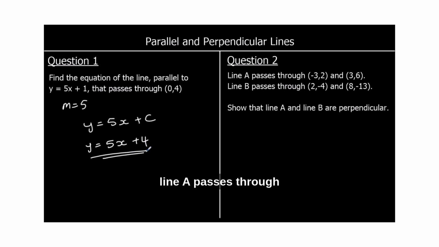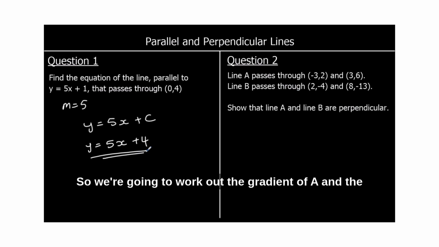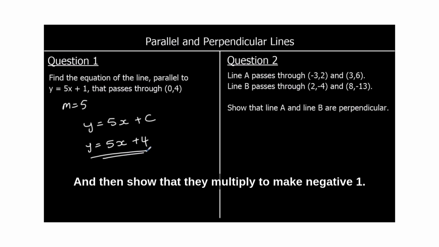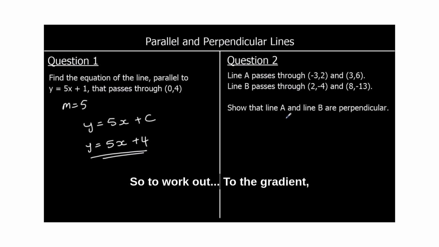For question 2, line A passes through (-3, 2) and (3, 6). Line B passes through (2, -4) and (8, -13). Show that A and B are perpendicular. So we're going to work out the gradient of A and the gradient of B, and then show that they multiply to make negative 1. So to work out the gradient, we'll do the change in y over the change in x.